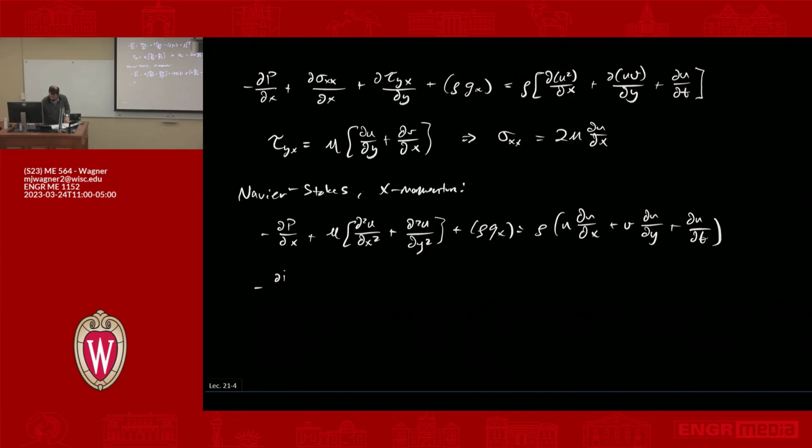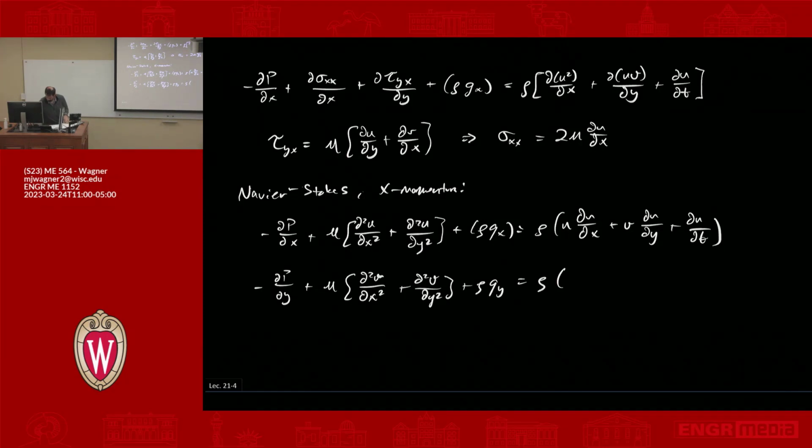We'll do that quickly. Partial p with respect to y, mu, second derivative of v with respect to x, plus second derivative of v with respect to y, plus rho gy is equal to rho.